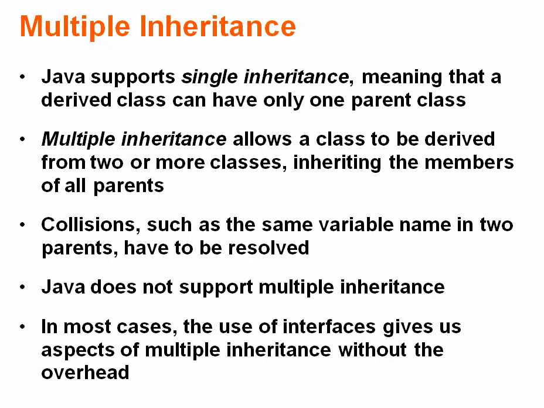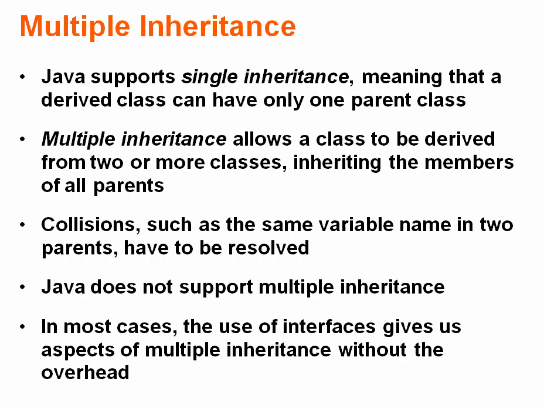Multiple inheritance allows a class to be derived from two or more classes, inheriting the members of all parents. Collisions, such as the same variable name in two parents, have to be resolved.